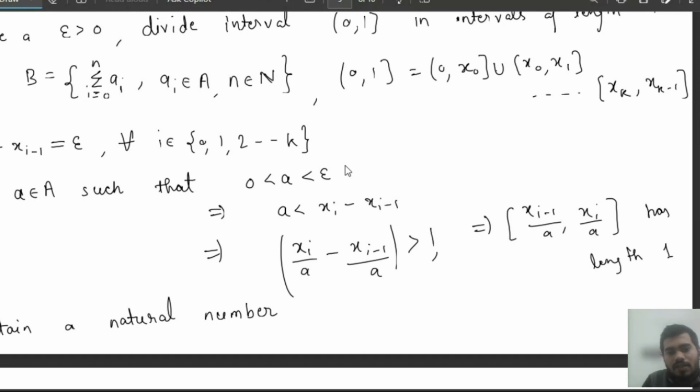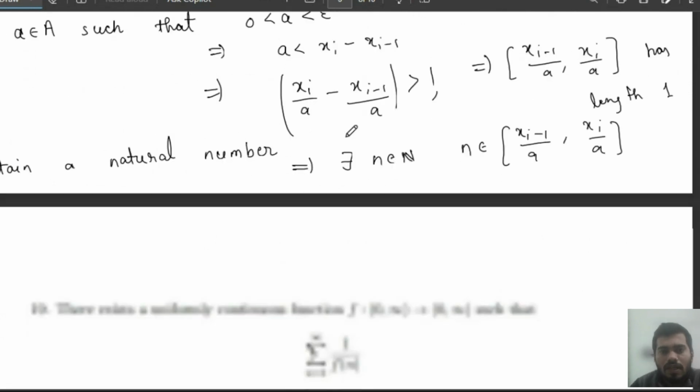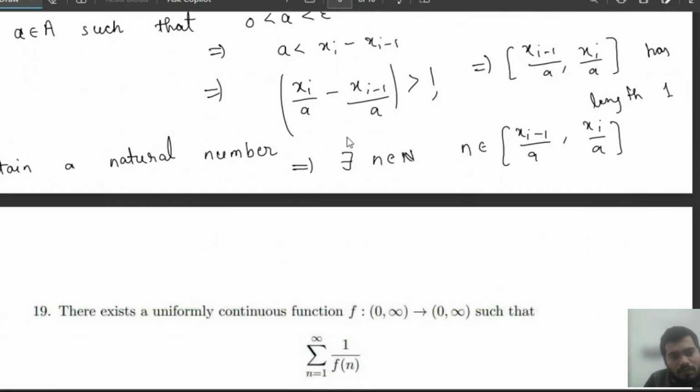It implies that there exists n belonging to N such that n belongs to this interval, and this will imply na belongs to this interval (x_{i-1}, x_i), right?